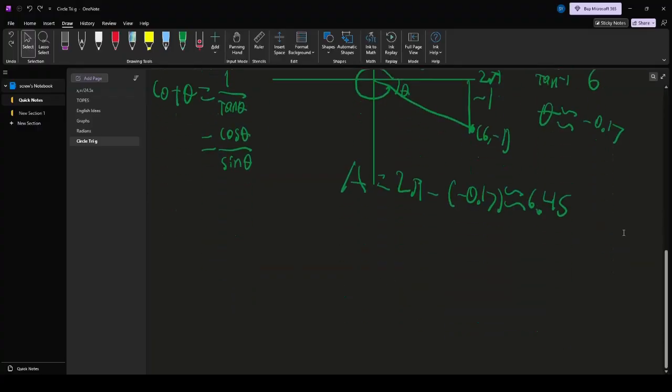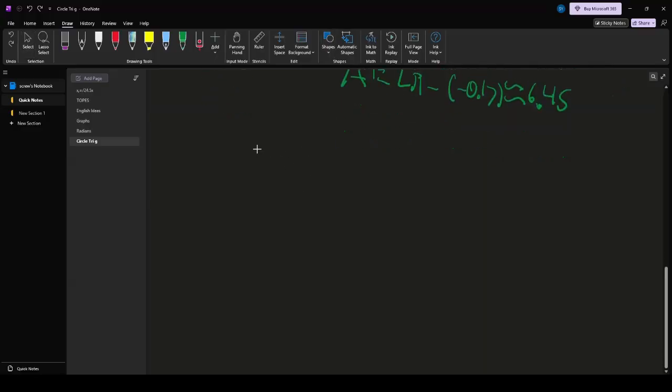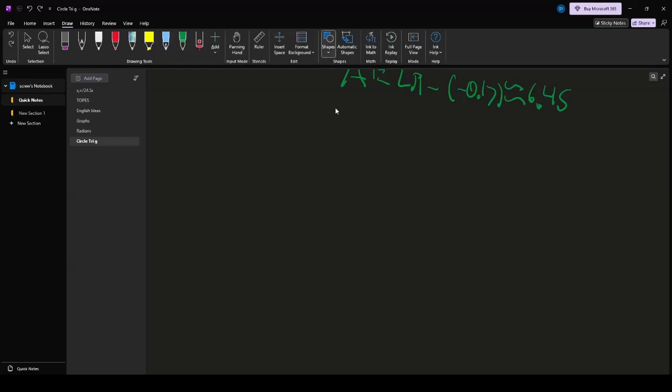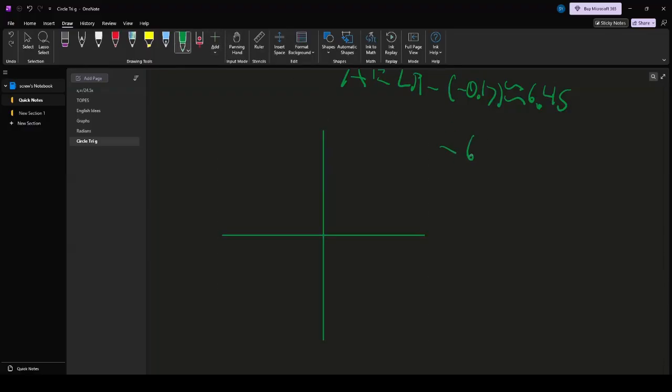Okay, two more things and then I think I can wrap up this lesson. So what if we want to find the positive angle and we're given the negative angle? So let's say we're given -6 pi/5. If you do the conversion to degrees, that equals 216 degrees.